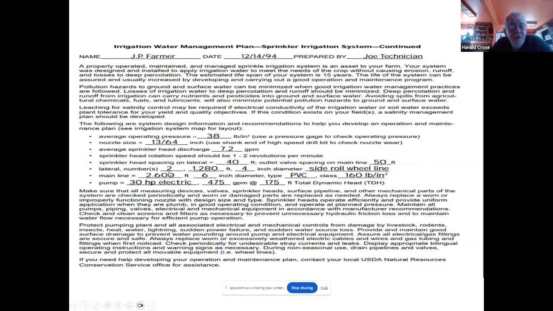So how many laterals? 2, what the length of those are, the diameter of the pipe, and this was a wheel line, a main line of 2,600 feet to service at 6-inch PVC, 160 pounds per inch is what it can take for pressure range.